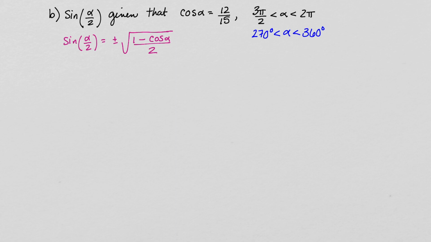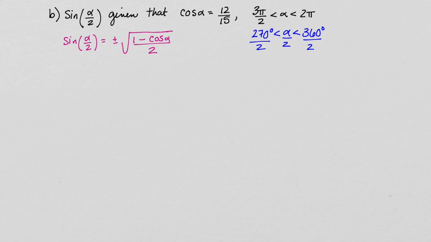I'm interested in alpha over 2. So to figure out where alpha over 2 is, I want to take all of those things and divide them by 2. If alpha is between 270 and 360, alpha over 2 has to be between those two numbers divided by 2.